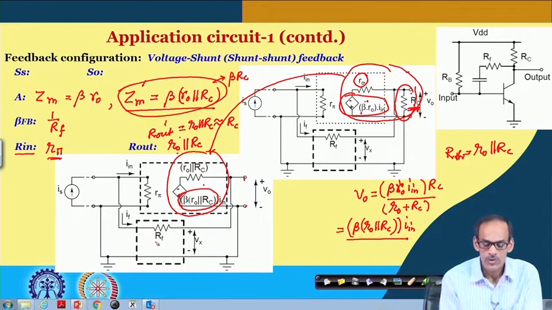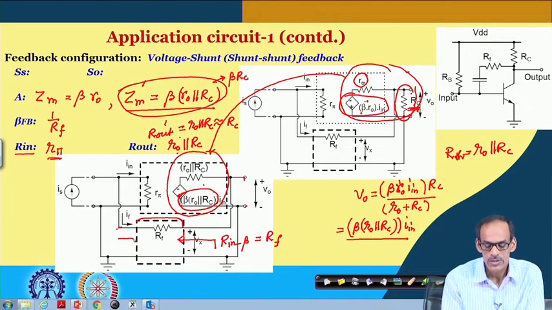And then if you look into the feedback network, and try to see what is the corresponding input resistance of the feedback network, we say it is R in beta. If I consider the other side is not loaded, that means it is shunted to ground, then it is equal to R f.